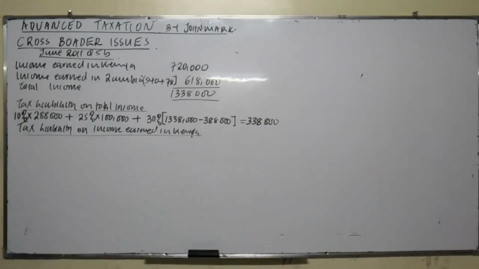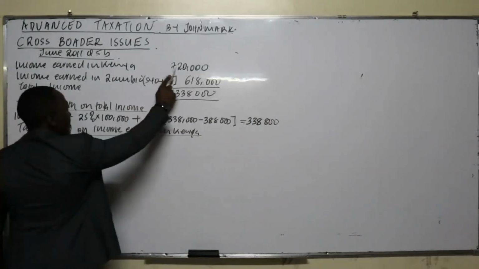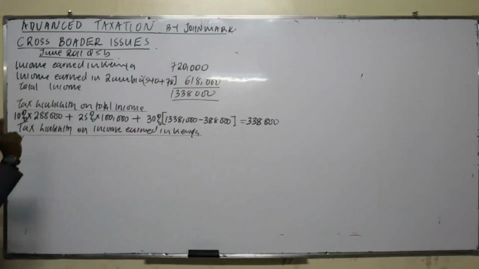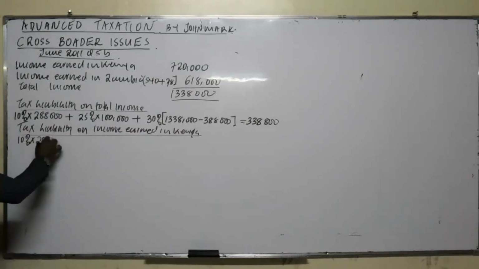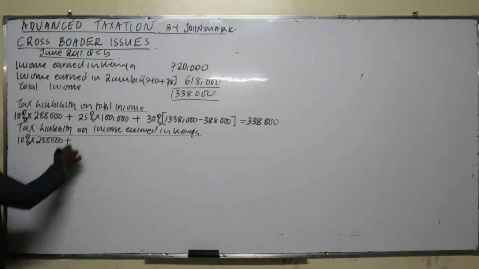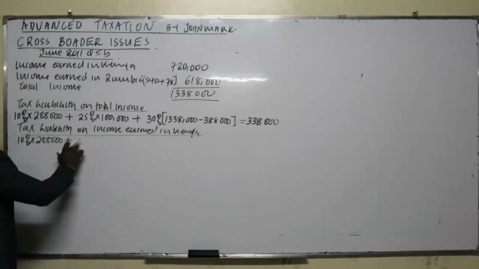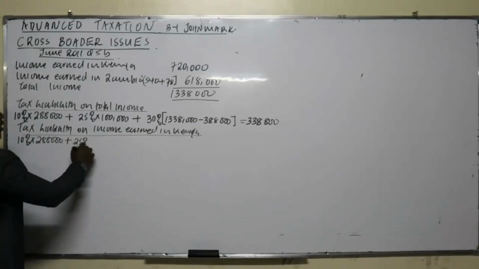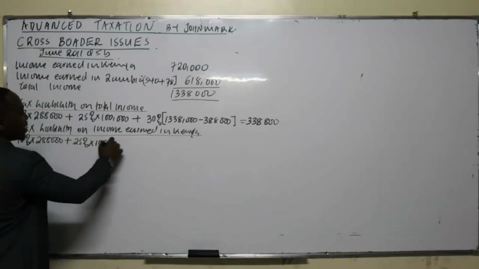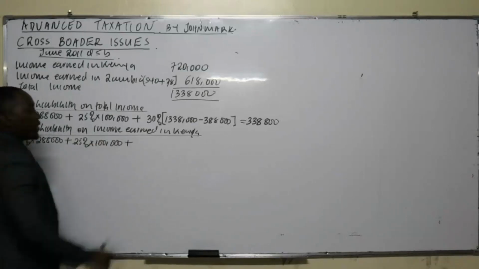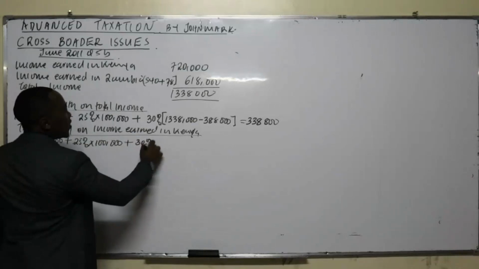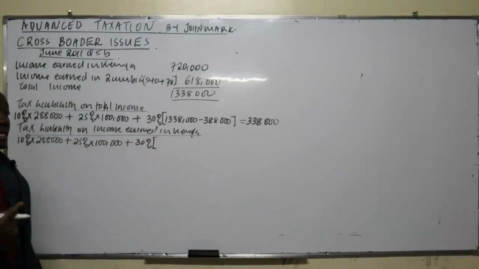How much was earned in Kenya? 720. So we use the same graduated scale rate of tax. 10% for the first 288,000, 25% for the next 100,000, and then 30% of anything in excess of 388.